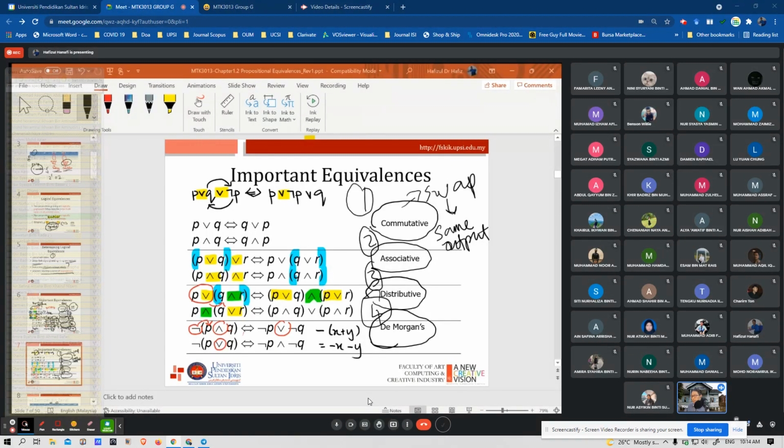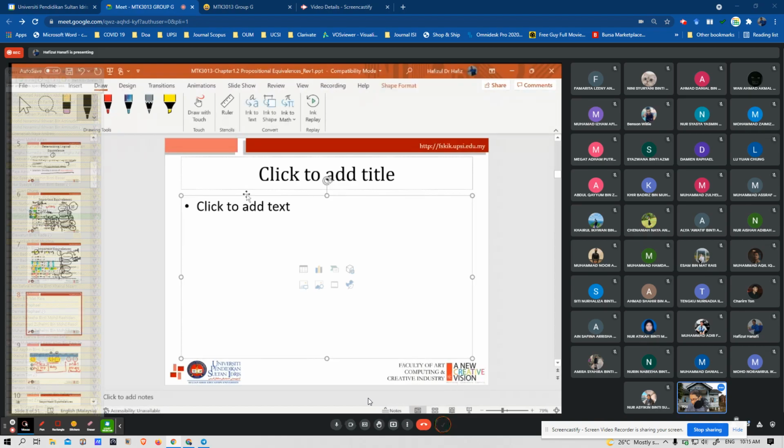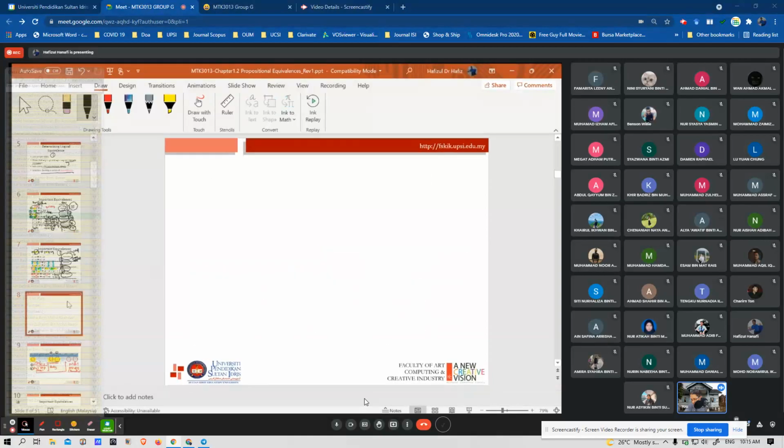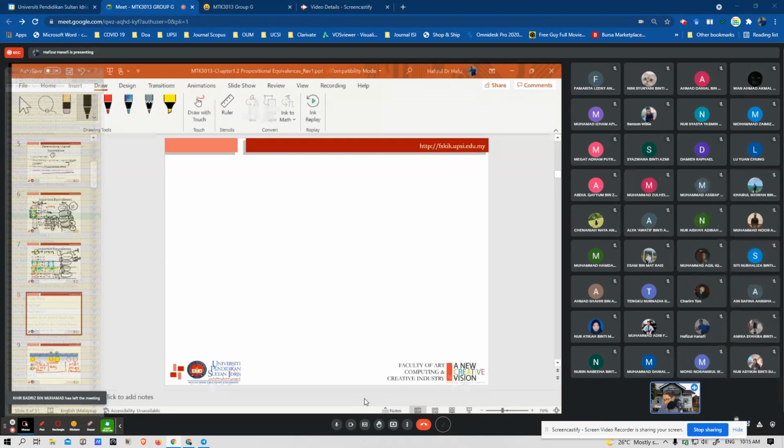For example, we have 5 multiplied by 4 multiplied by 2, which is the same as 5 multiplied by 4 multiplied by 2. This is the associative example, we have 5.